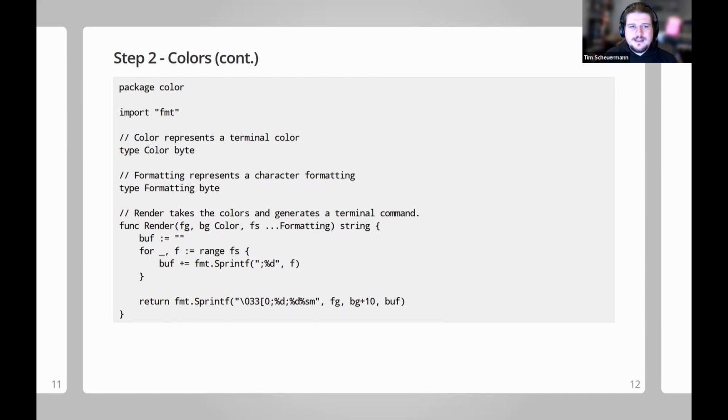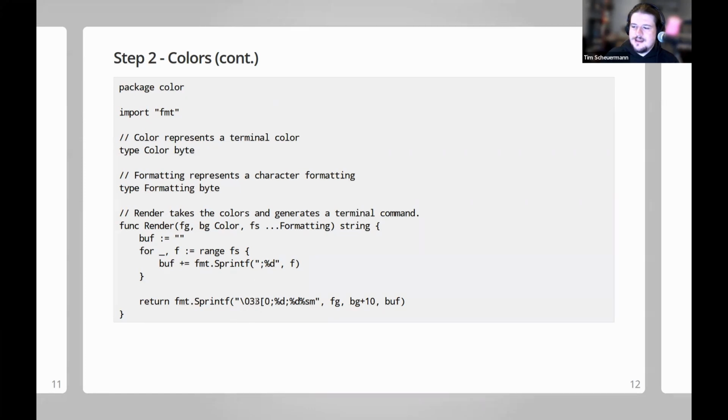I've omitted the actual color constants. There's a list of them, but basically you pass your foreground color, your background color, and possibly formatting options into this render function, and it gives you back a string with this escape sequence.